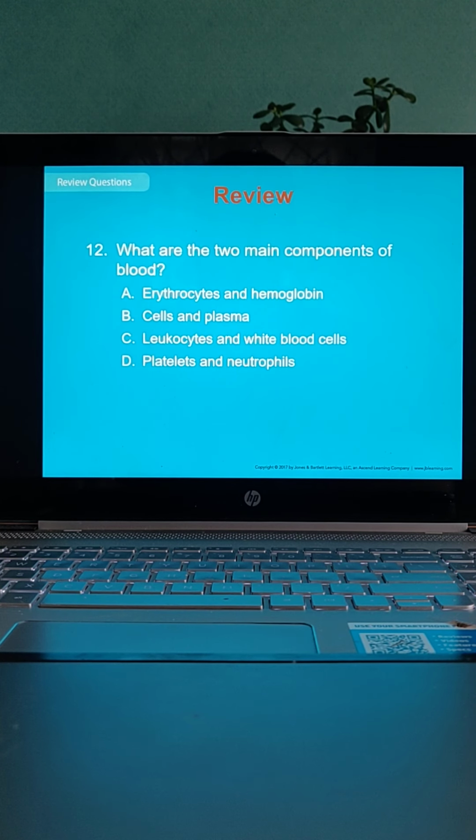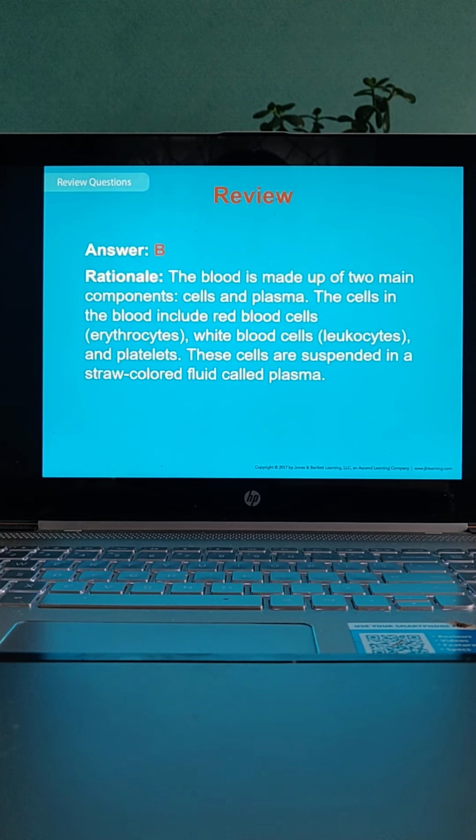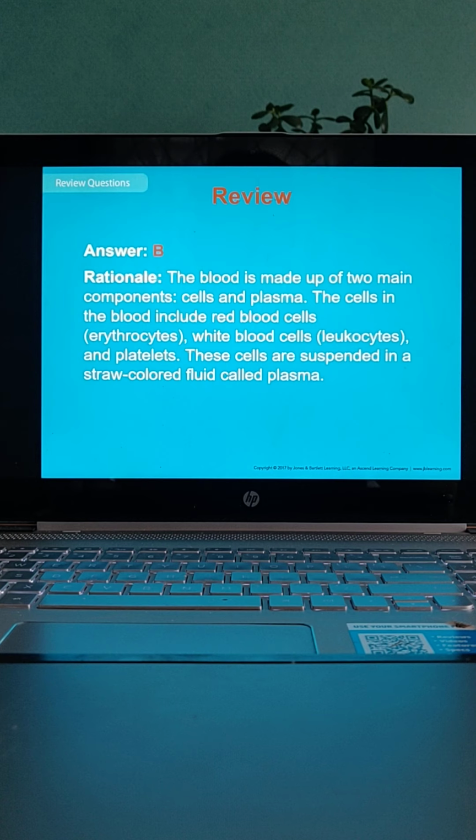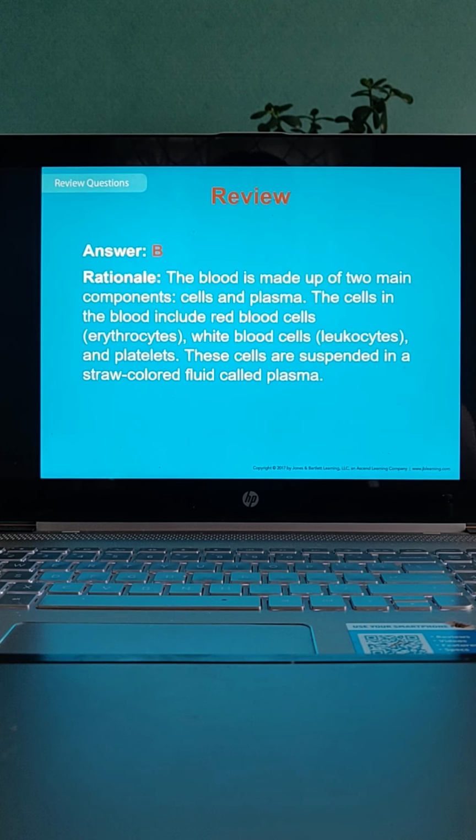Red blood cells, white blood cells, and platelets. So the two main components are the plasma and the cells, and the cells are made up of the 3 other things.